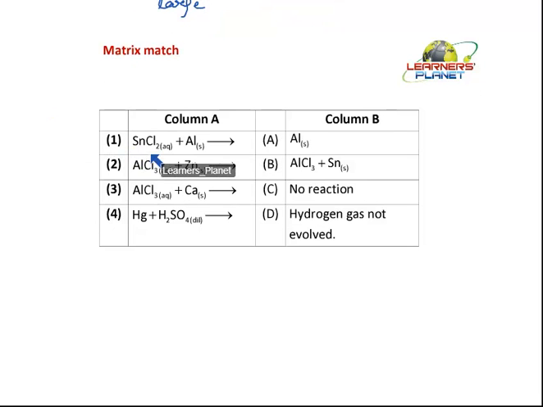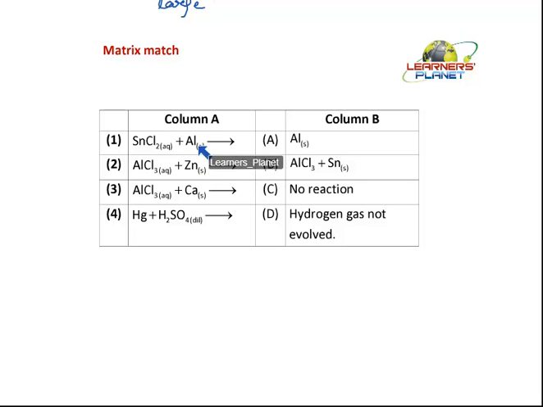It is SnCl2 plus aluminium. Now this is what? SnCl2 is a salt, aluminium is a metal. Now what we did was that the more reactive metal displaces less reactive metal from its salt solution.